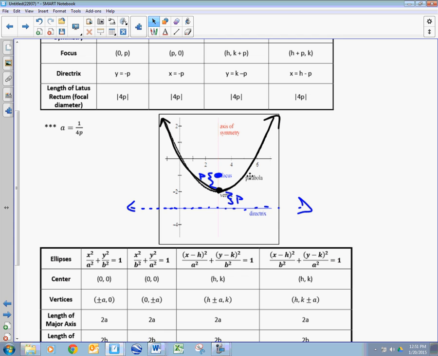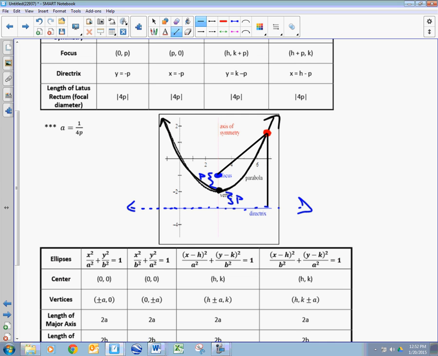When we look at the definition, it's not very interesting, but it's the way that we prove the formula. You don't have to ever memorize this. I'm just telling you so you understand where it comes from. If we were to locate a point on that parabola, whatever distance it is from the focus would be the same distance it is from the directrix.